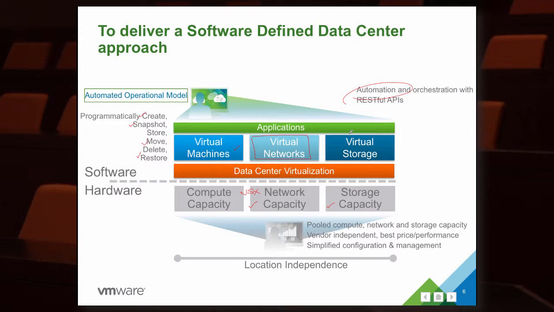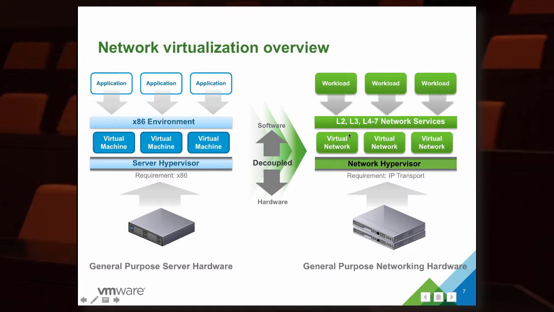So what does network virtualization look like? Well, inside of compute virtualization, we had the server hypervisor, which was really just any piece of x86 hardware. And then we allowed the virtual machinery and the applications to commoditize and access that hardware. Inside of NSX, we're doing the same thing. All we're doing is breaking apart layer 1, which is really just the cabling and the boxes, and we're commoditizing all of the rest so that everything from layer 2 through layer 7 is handled by NSX.